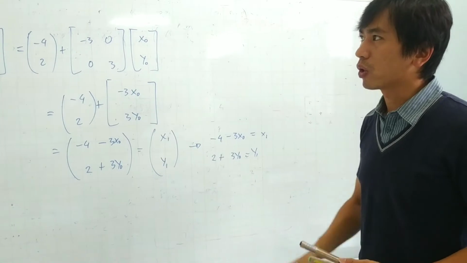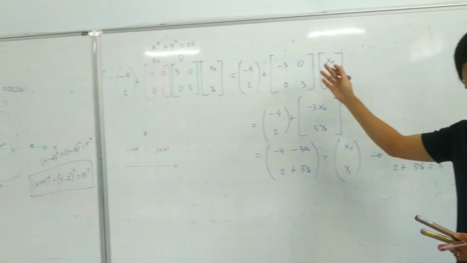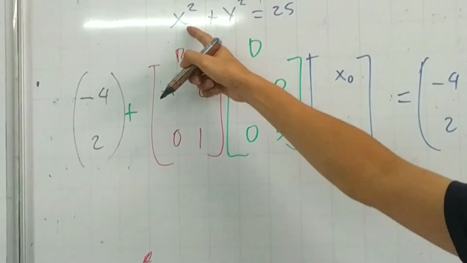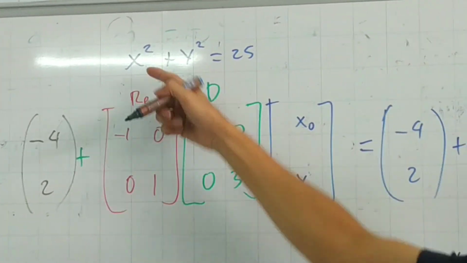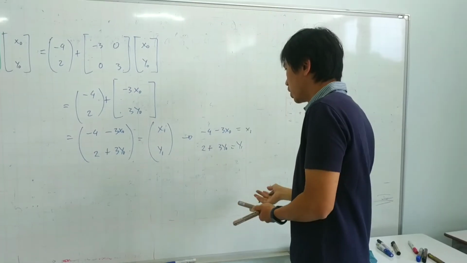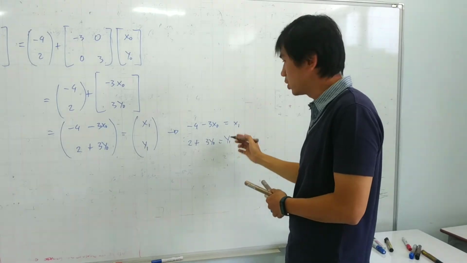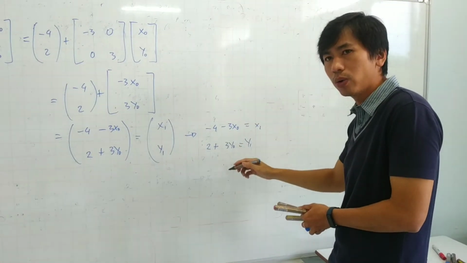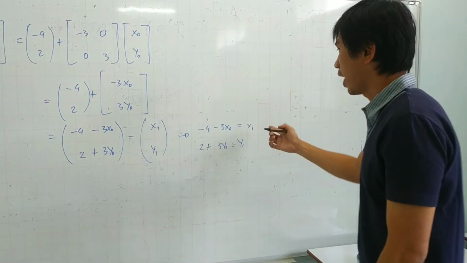What we have is only x squared plus y squared equal with 25. This x represents the xo. So I need to put it into the new equations. Of course, to put it into new equations, I need to change xo in terms of x1.